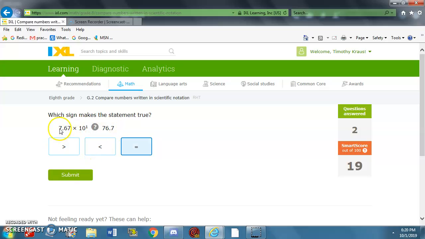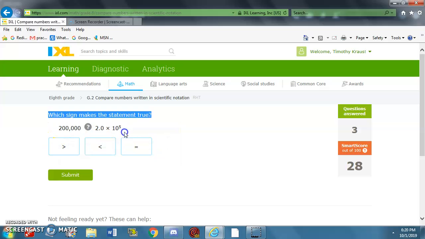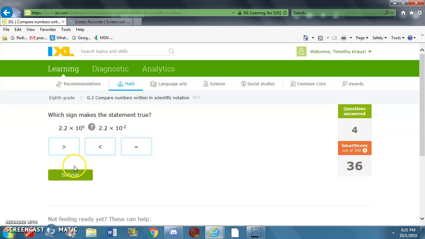Equal, because if you put it 1 right, that would be 76.7, and that's 76.7. Equal. You just have to space jumps.